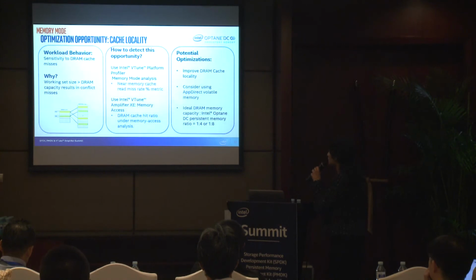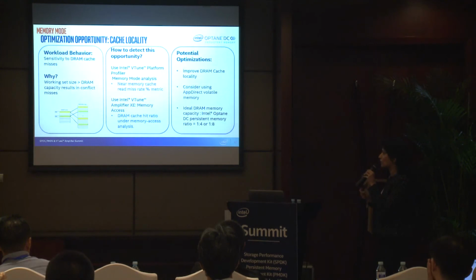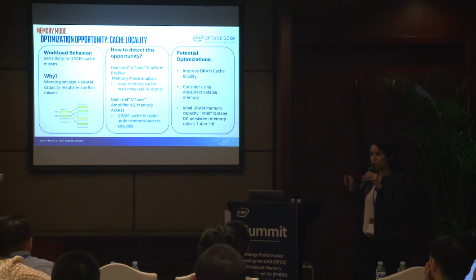The next one is for memory mode. It's cache locality. The workload behavior is sensitivity to DRAM caches, right? If your working set size is greater than your DRAM capacity, that's going to result in a lot of conflict misses. We have tools and metrics in tools where you can identify these conflict misses.